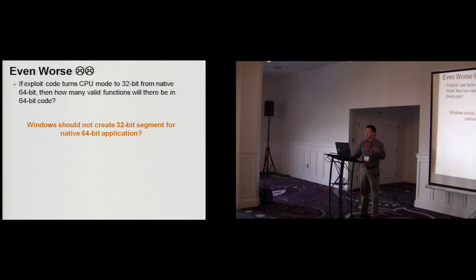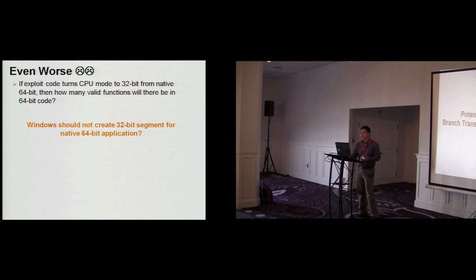Another big problem is that even with native 64-bit without WoW mode, you can still trigger the 32-bit segment, because they probably implemented it to be ready for later use. That means in a pure 64-bit application, if you get a vulnerability, you can trigger that into 32-bit. Then you can still run a 32-bit gadget if they have one.